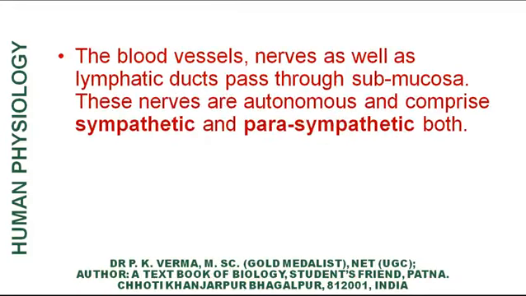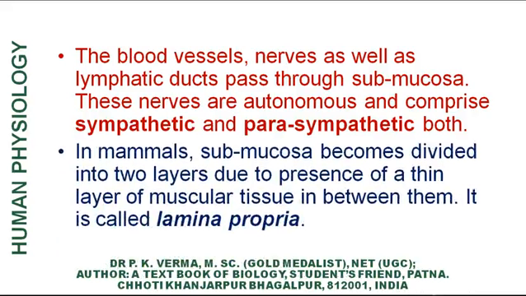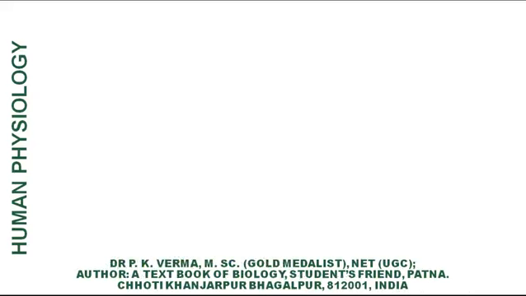The blood vessels, nerves, as well as lymphatic ducts pass through the submucosa. These nerves are autonomic and comprise both sympathetic and parasympathetic. In mammals, the submucosa becomes divided into 2 layers due to the presence of a thin layer of muscular tissue in between them. It is called lamina propria.